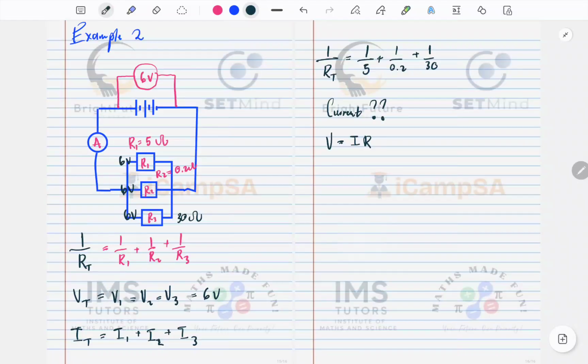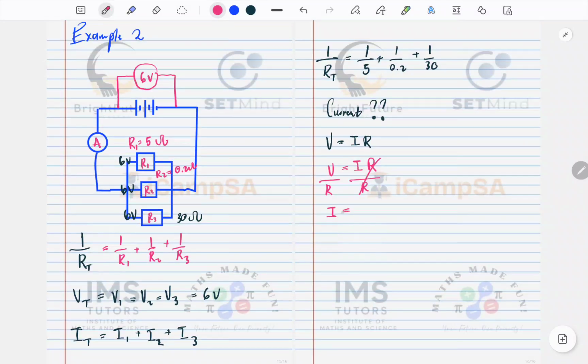Let's start with V1, R1 actually. So V1, we already have it. So let's start with I1. If we want I from this, we can divide both sides. Remember, when I showed you this, we said V equals I R. If we want I, let's divide by R like this.